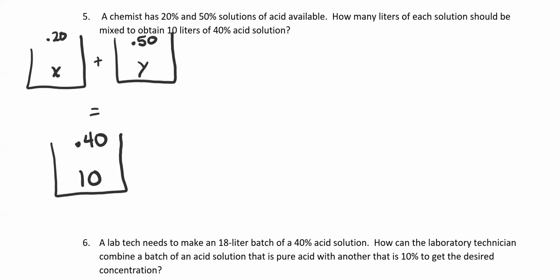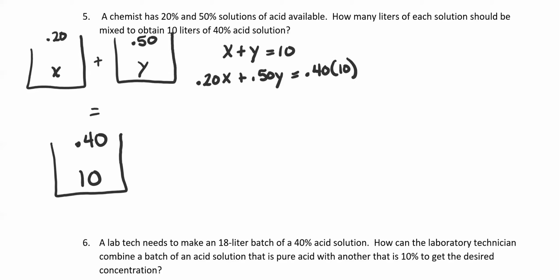So my 2 equations, I need the amount. So x plus y is equal to 10. And then I'm going to multiply 20% of x plus 50% of y is going to equal 40% of 10.